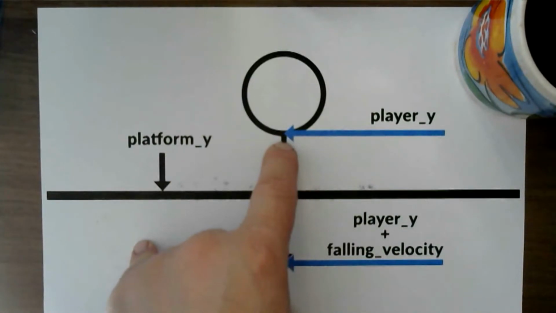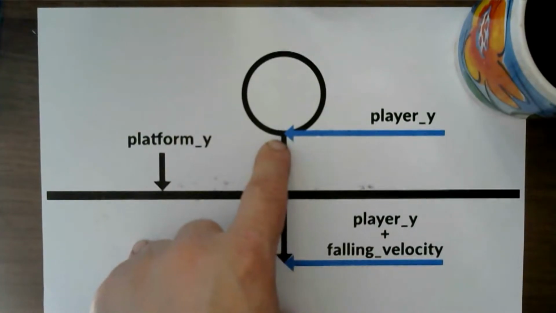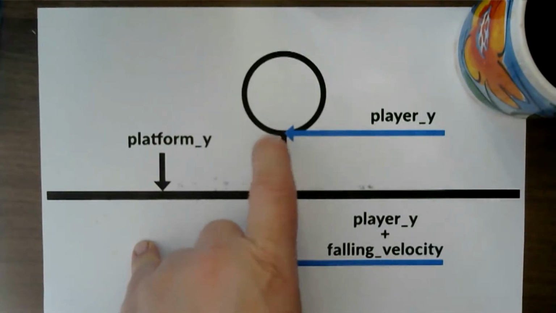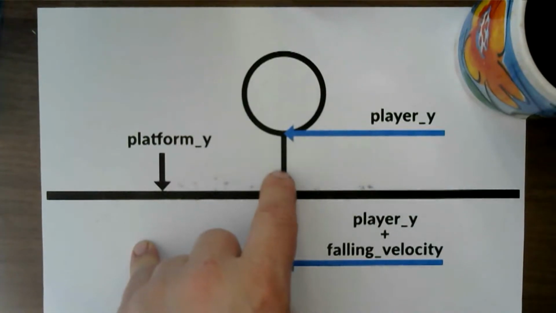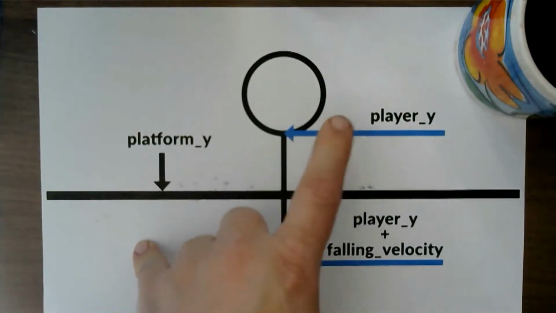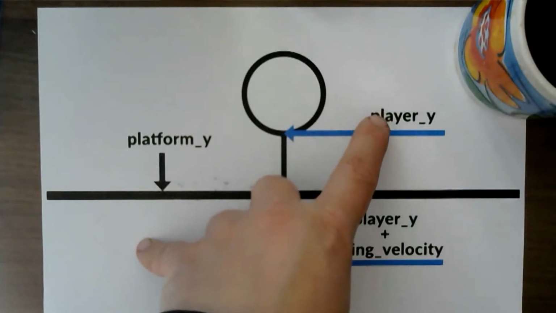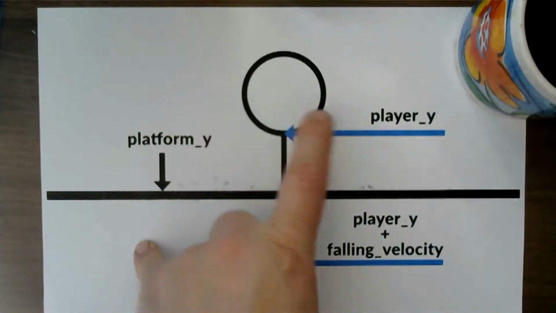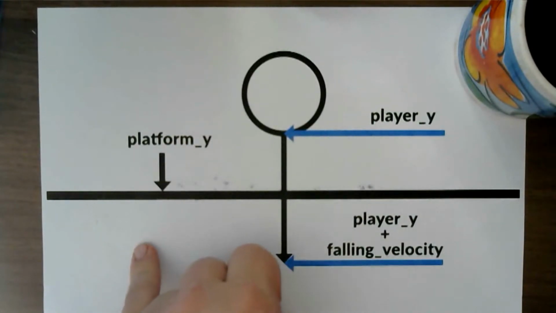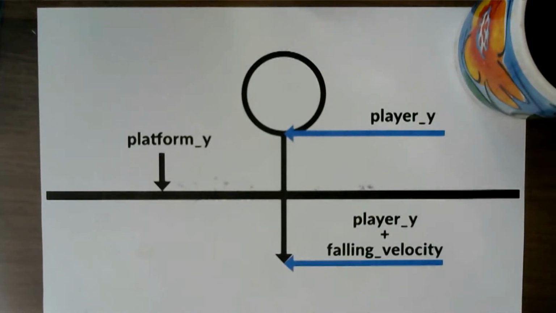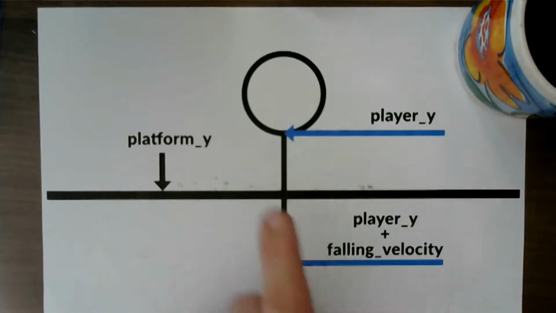If those two conditions are true, then we've hit the platform somewhere. But it doesn't matter where we've hit it, because then we just assign platform y to player y, and put the circle on the line.